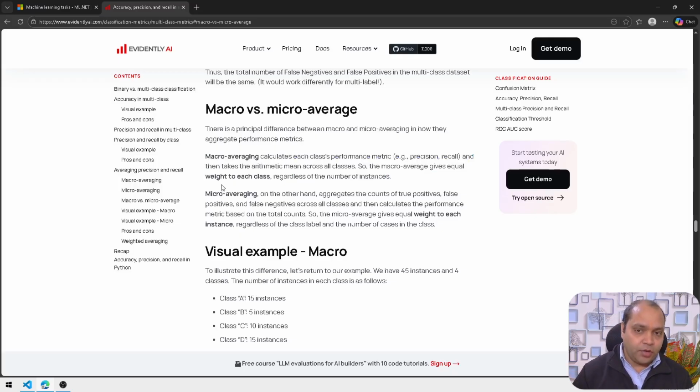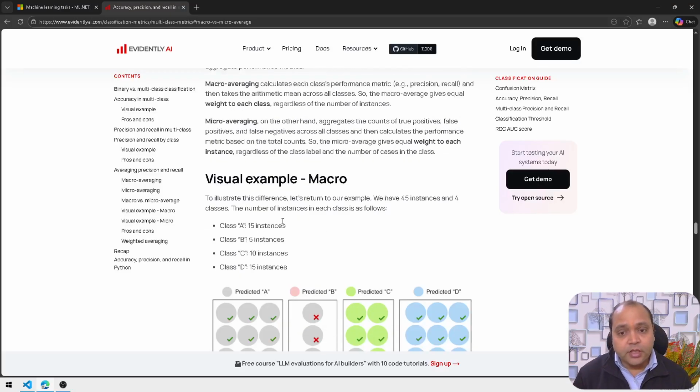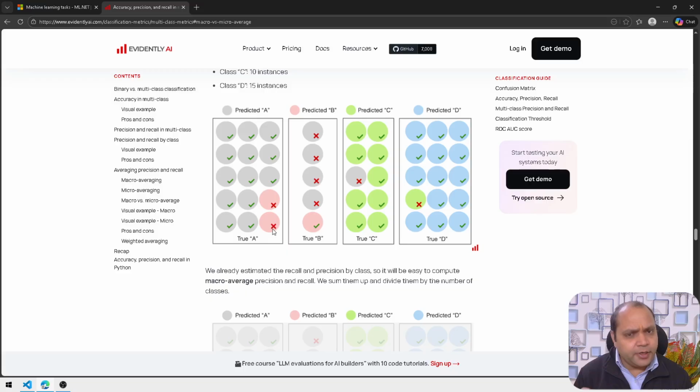This is macro accuracy, and micro accuracy is more about wanting to know the overall performance of our model, which is called weightage. It is the aggregate, so here it combines all true positives, true negatives, false positives, and false negatives. Here you can see a beautiful explanation is given. You have several classes in your model.